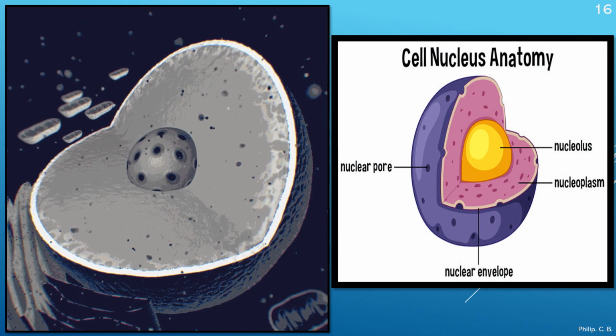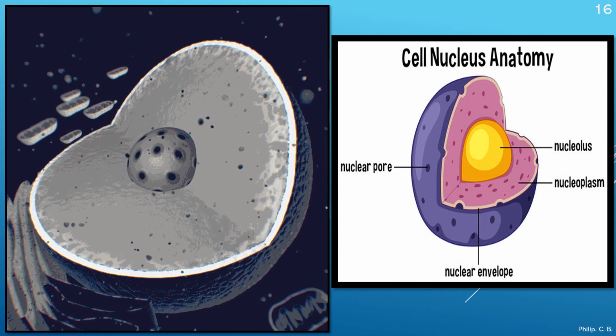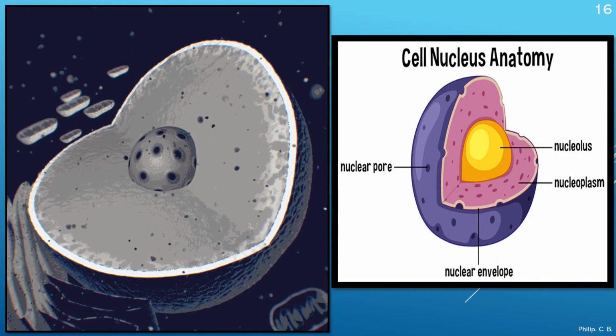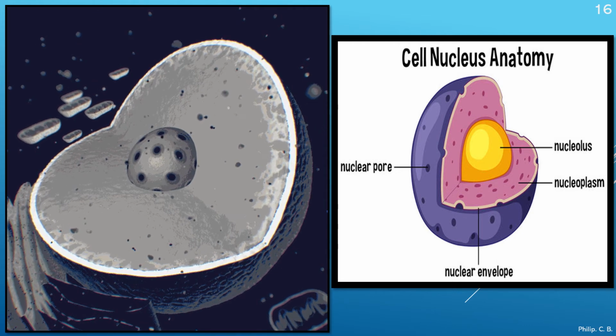Then again I put images to understand the nucleus structure. On the right, the picture of the nucleus, where nuclear pore, nucleolus, nucleoplasm and nuclear envelope are the four parts, right?